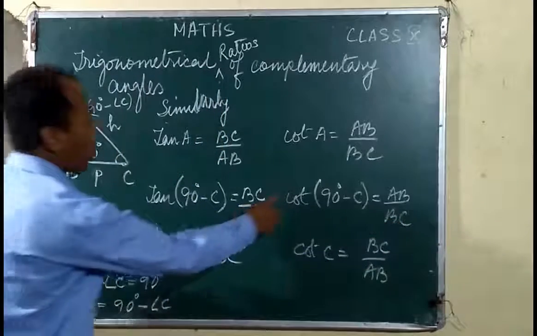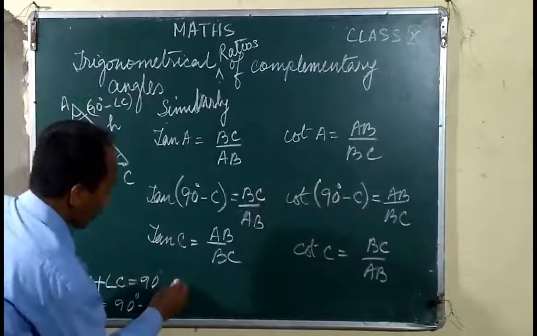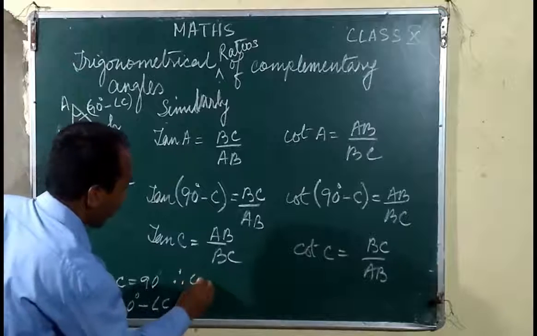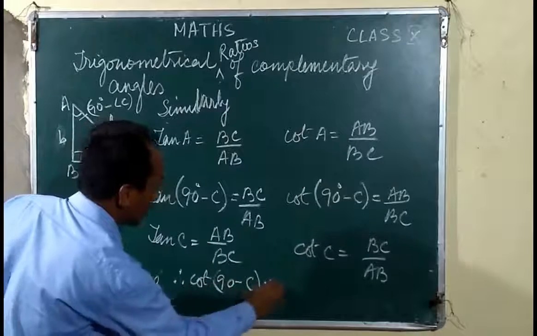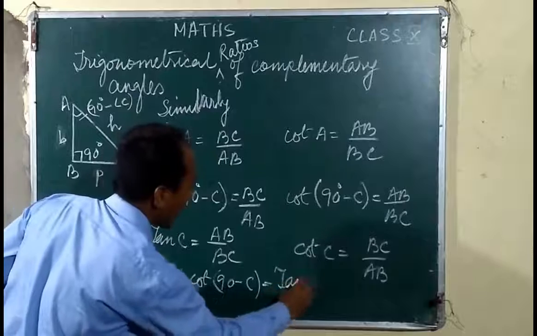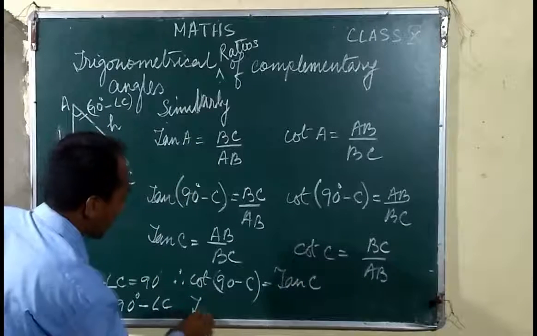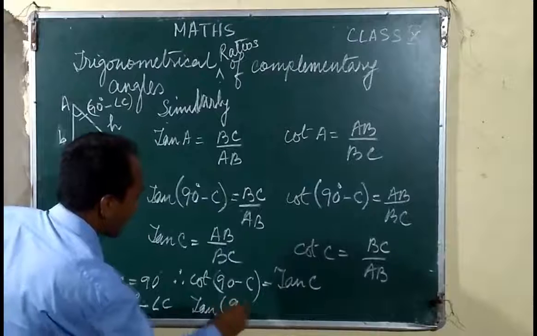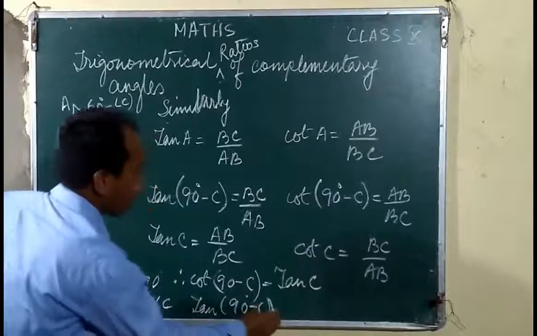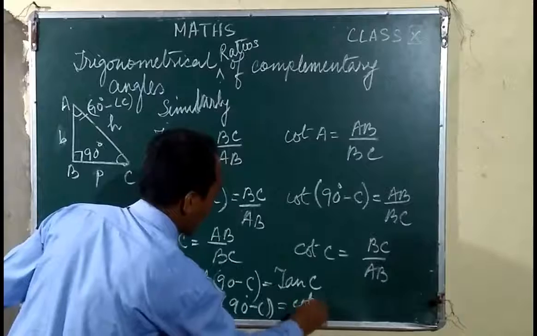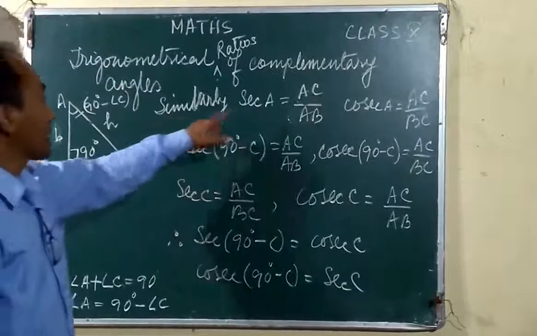That means cot 90 degree minus C is equal to tan C. Then tan 90 degree minus C, what do we get? Cot C. Now we see here similarly sec A.